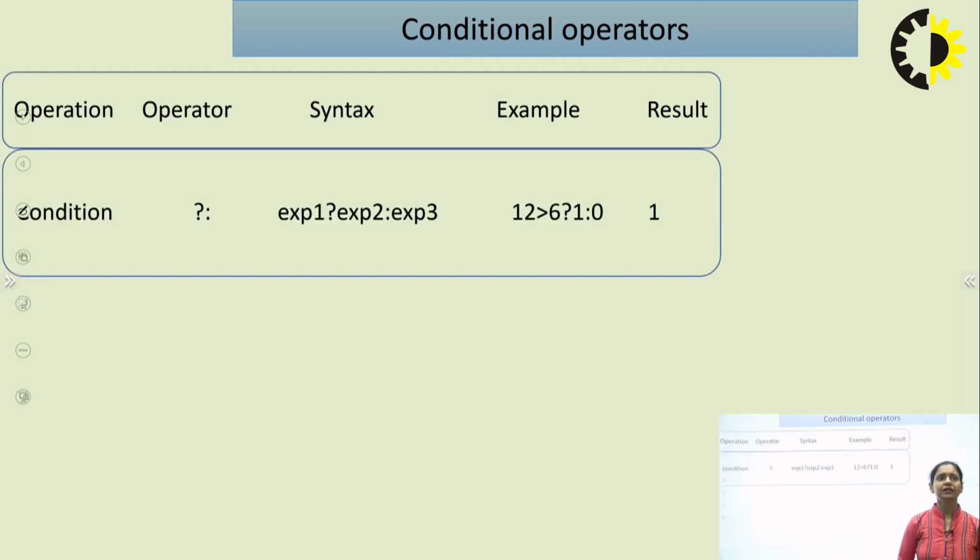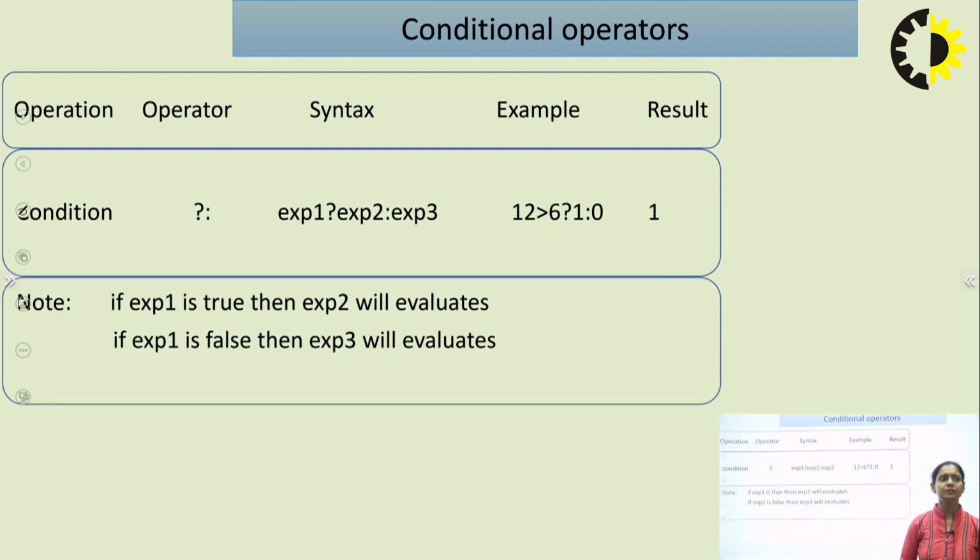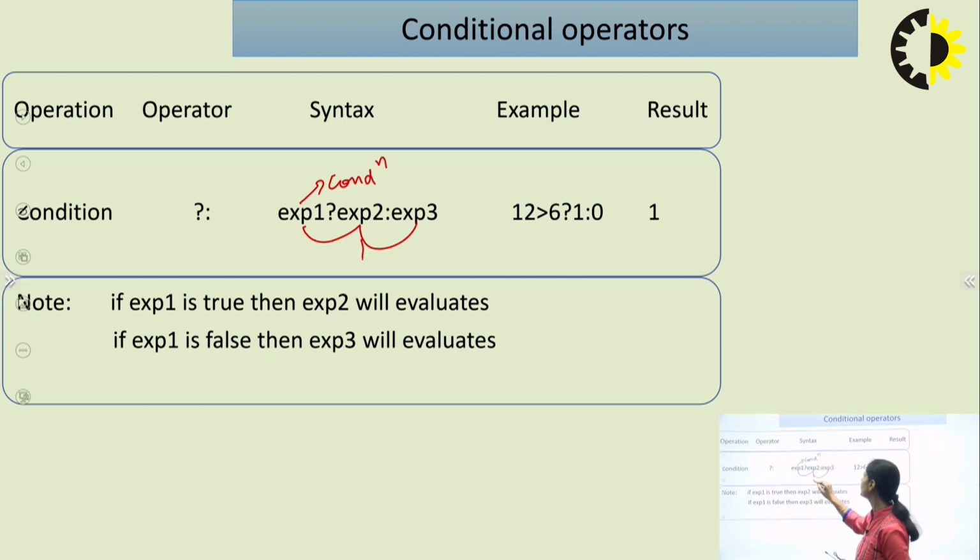The next operator that we have is the conditional operator. This conditional operator is basically the ternary operator which needs 3 expressions to be there. The first expression is a condition to be checked. If the condition is true, expression 2 would be executed, and if the condition is false, expression 3 would be executed.